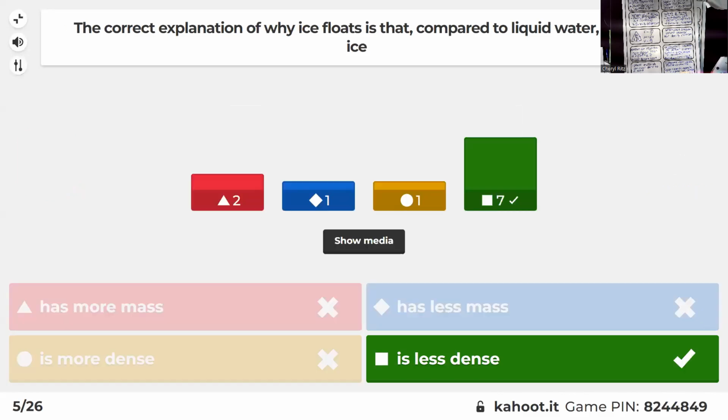So they were asking about the ice. Solid ice is less dense, that's why it's floating. Remember, we have to do the mass divided by the volume.